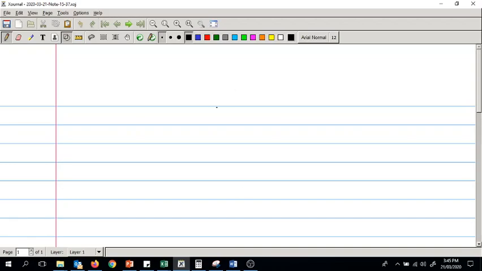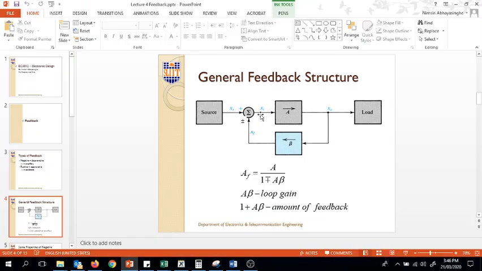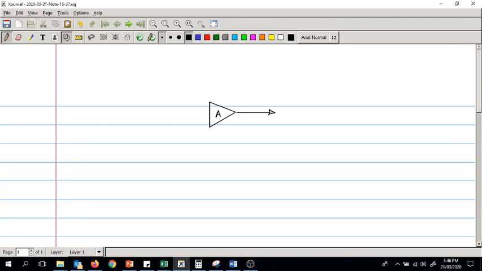We have the forward amplifier, A, and we have the output, V out, and we have the feedback network, beta.